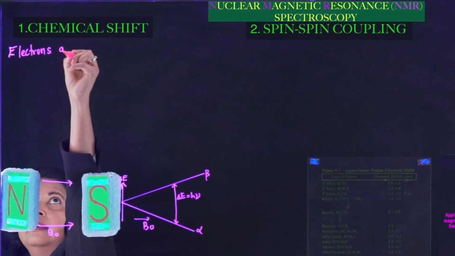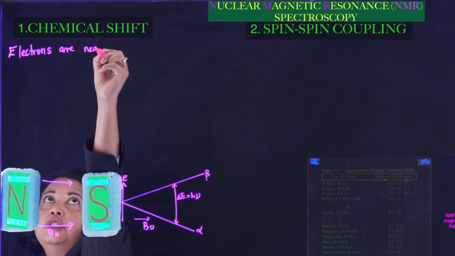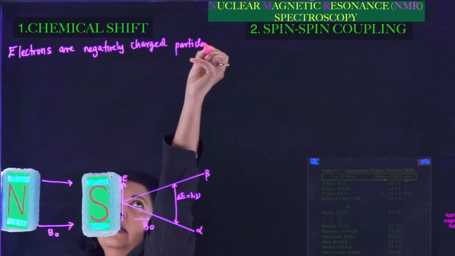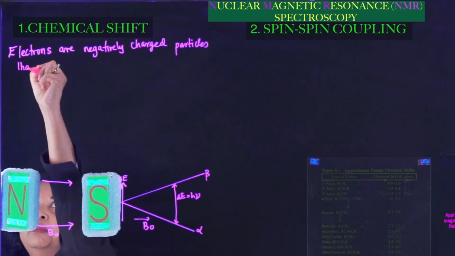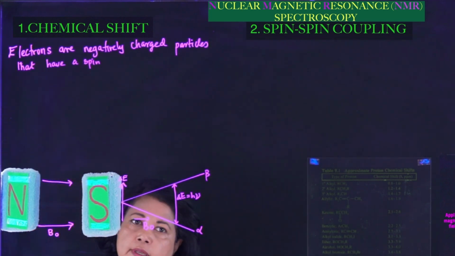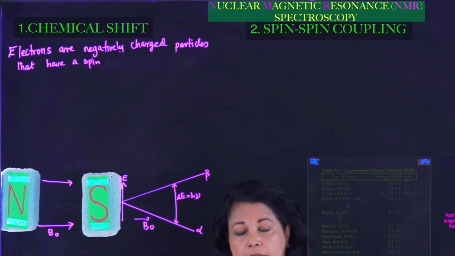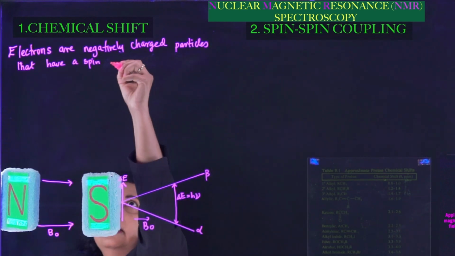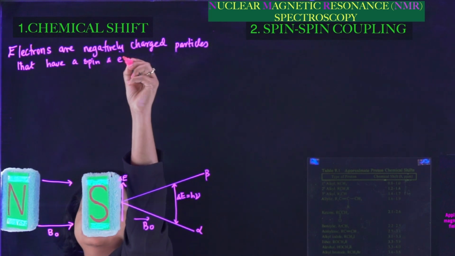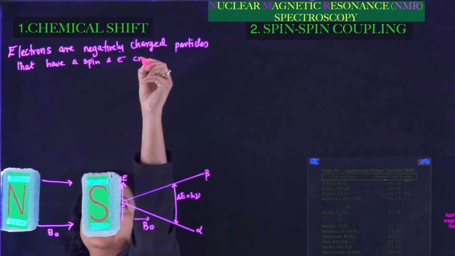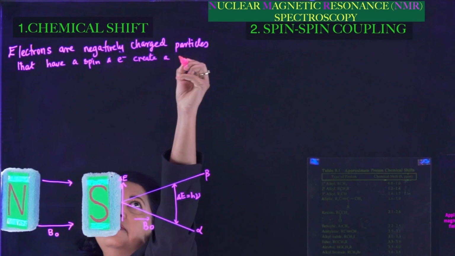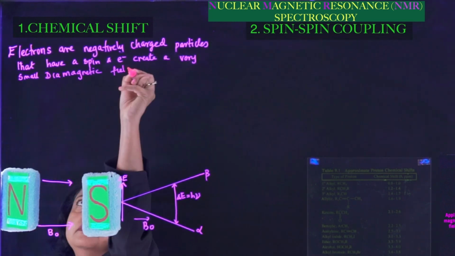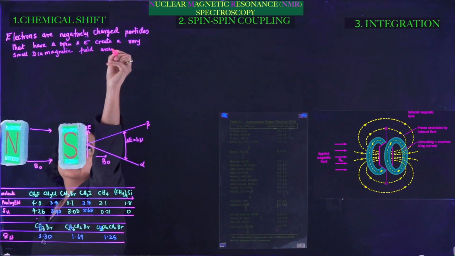Electrons are negatively charged particles that have a spin. They create a very small diamagnetic field around protons.